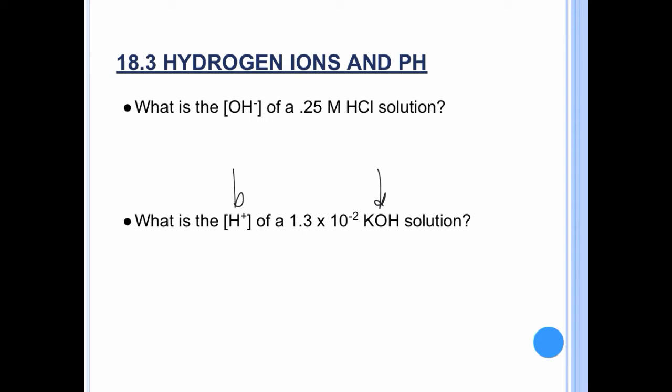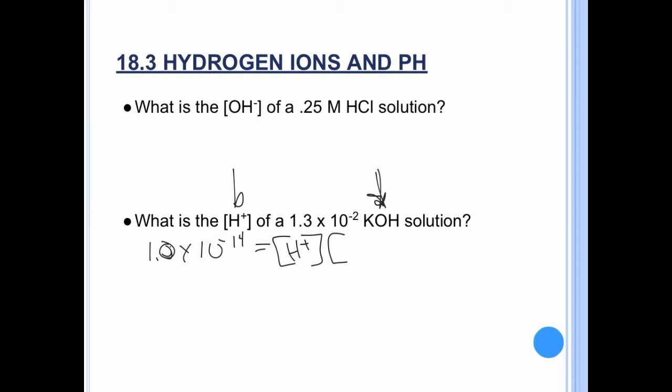Okay, this time we're going to go the other way, and we're given KOH, and we're asked to find the hydrogen concentration. So 1 times 10 to the negative 14th equals the hydrogen concentration, which is what we're trying to find, times, since it's KOH, which is a strong base, and you can assume it's a strong base unless there's an indication that it's not, if it says a weak base or there's other things that will give you that hint.